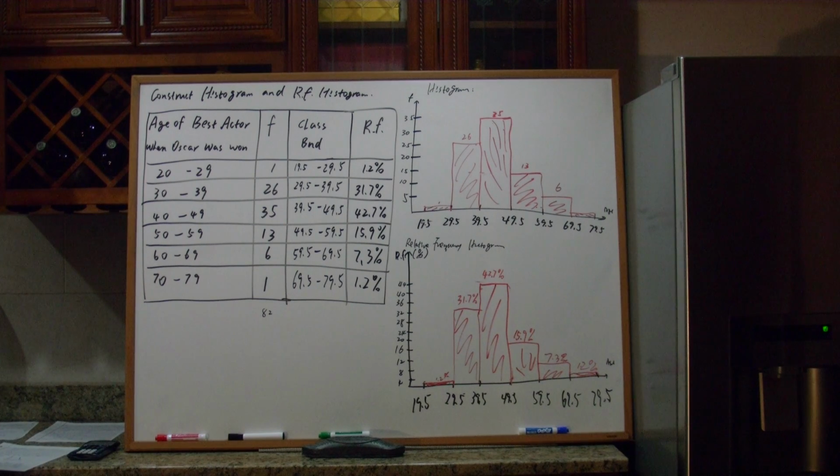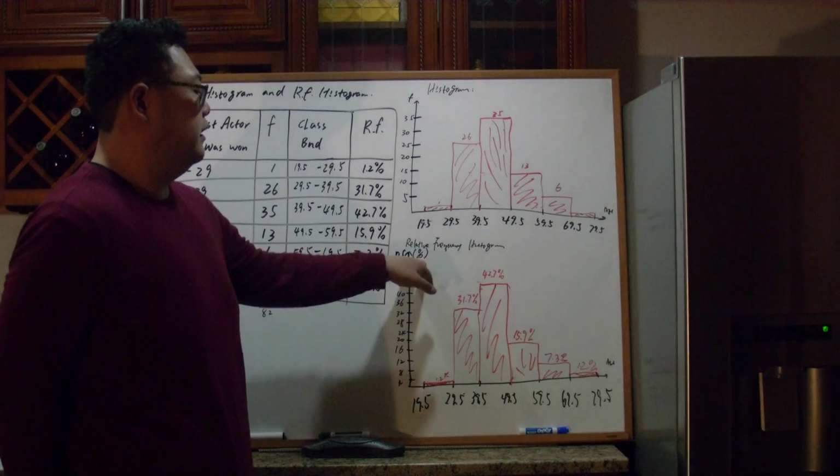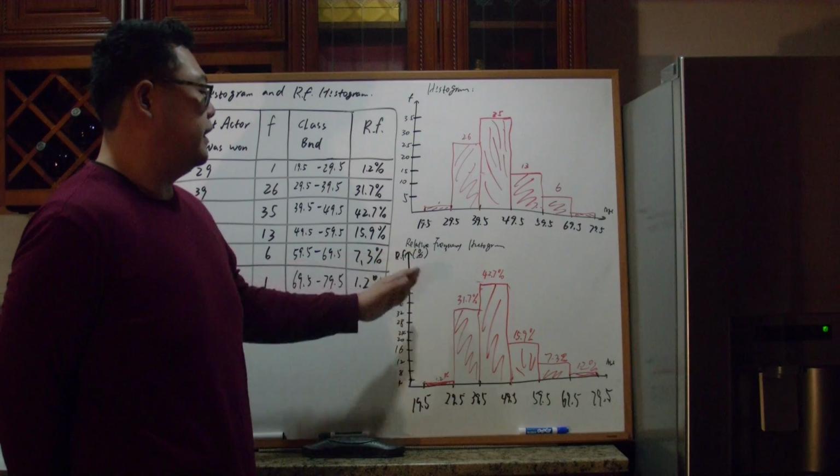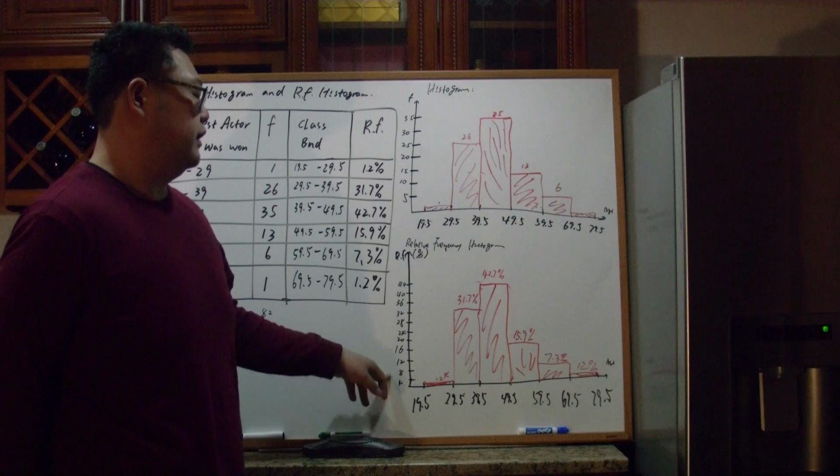Basically, the histogram and the relative frequency histogram should have the same shape. The only difference is that one uses frequency individually, the other uses relative frequency as a percentage. You could write the percentage on the side when you draw the scale, so each gap means 4%.